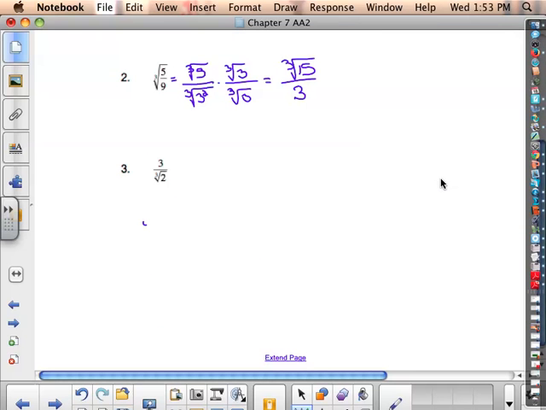Number 3, now I have in the denominator the third root of 2. Remember, I have to build that up, so I have to have 2 to the third power. So I will have the third root of 2 squared.